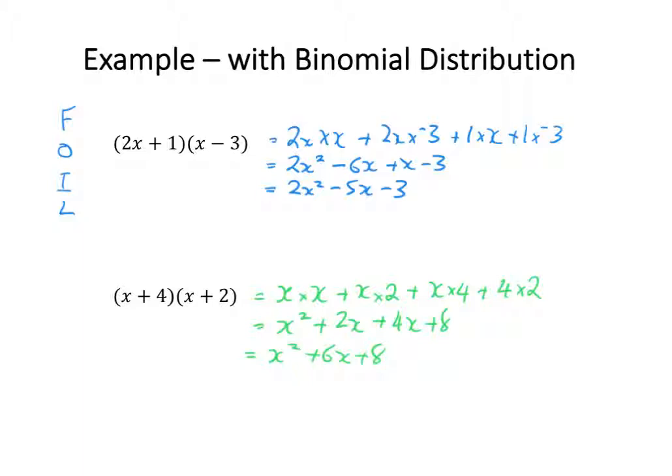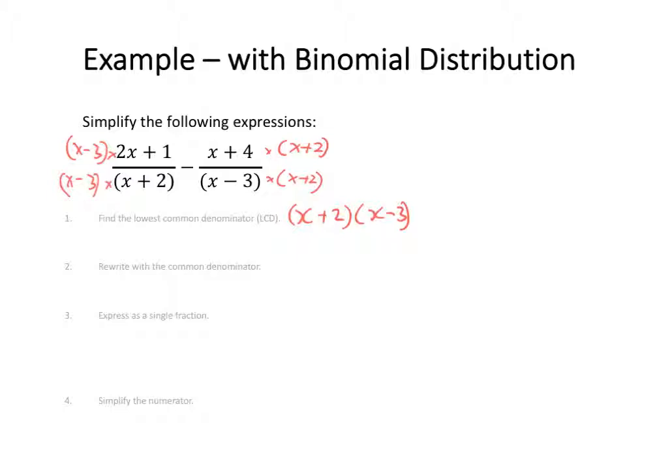So now that I've gone ahead and completed those distributions, I can go back to following my 4 steps to simplify the original expression. So back to step 2, I need to rewrite the expression with my common denominator. To do that, I need to use the distributions I've just completed.